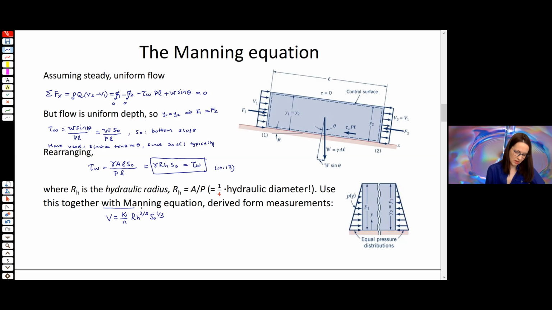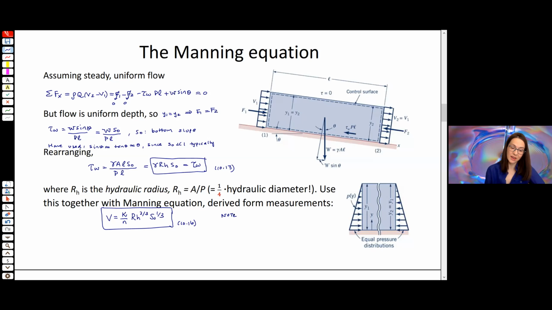All right, so the Manning equation tells us that the velocity, that uniform velocity in the open channel, depends on the hydraulic radius raised to the 2/3 power, the bottom slope raised to the 1/3 power, and then we've got these two constants. The top one, kappa, just takes care of units, and so that's a little funny.